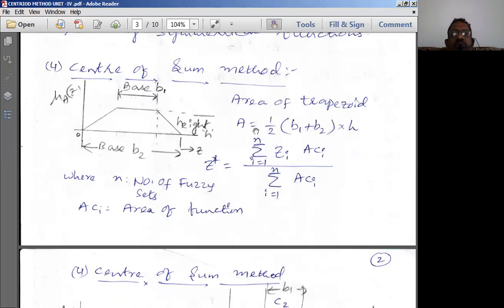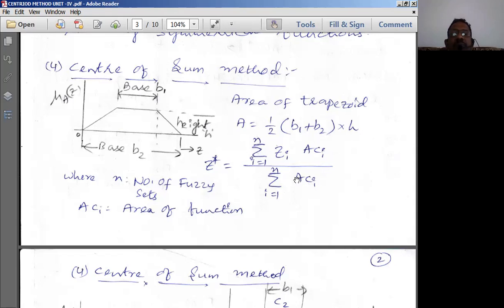We have found the area using the formula A equal to half into base B1 plus base B2 into height H. The formula we use to compute the crisp value is Z star equal to sigma of Zi into ACi by sigma of ACi, where n is the number of fuzzy sets. We have shown only one fuzzy set here, but in practical applications we are going to have several fuzzy sets combined.